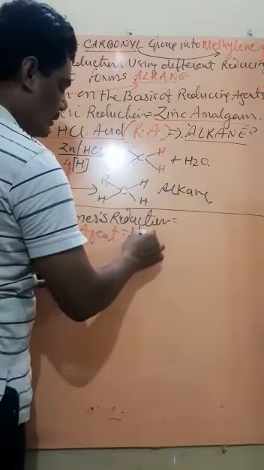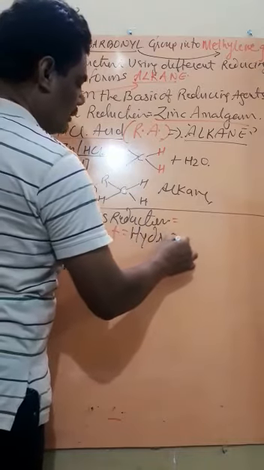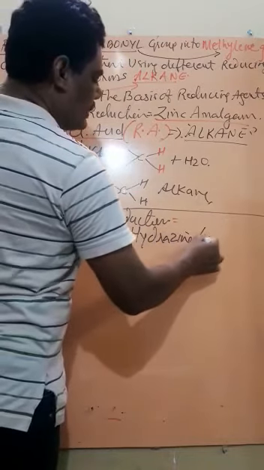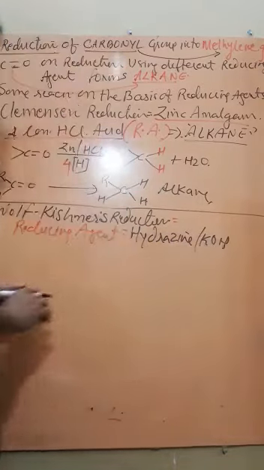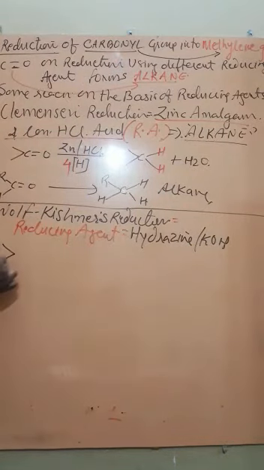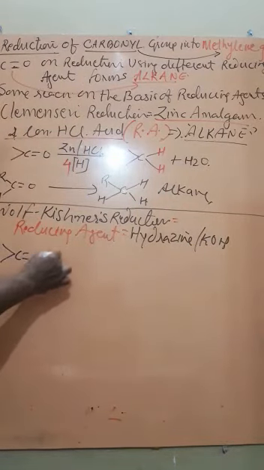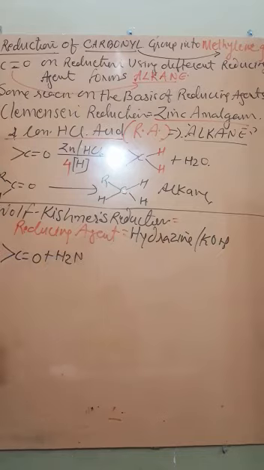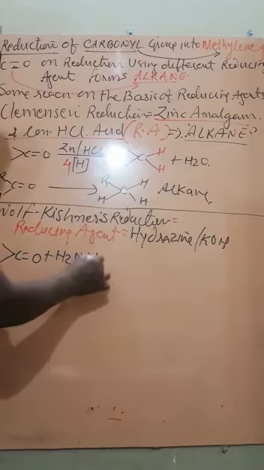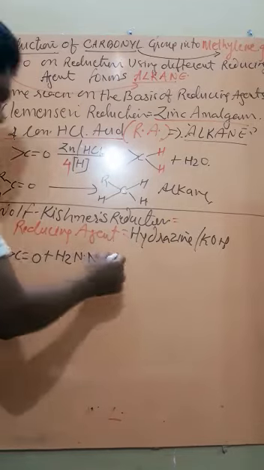Hydrazine, okay, in presence of KOH. Getting? The same reaction, carbonyl compound with H2N dot NH2. H2N dot NH2. So the compound formed, that is this group.